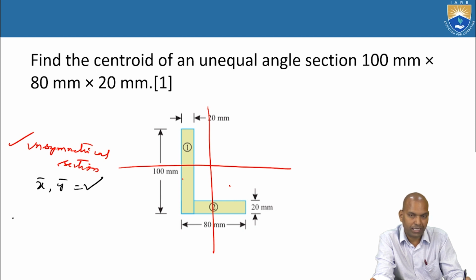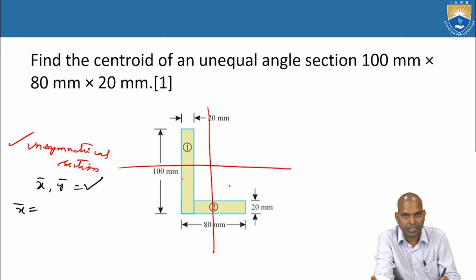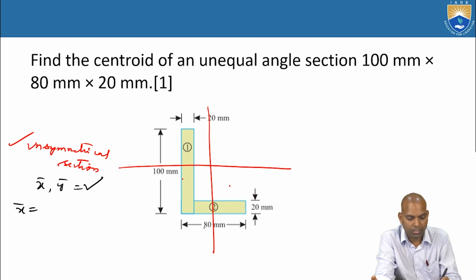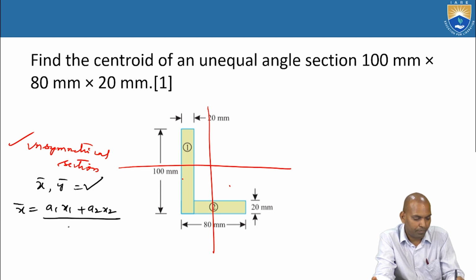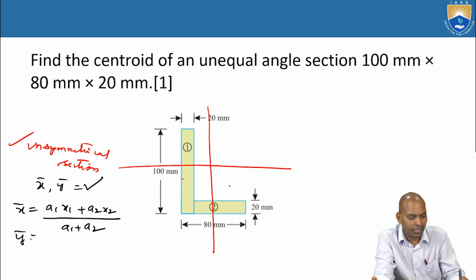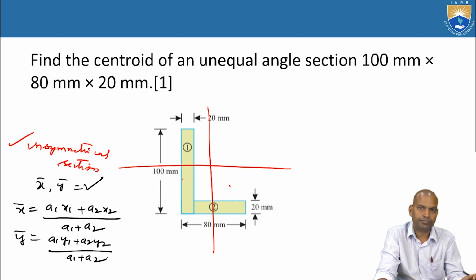Suppose there are two rectangular sections, as in the L section. Then bar X equals A1 X1 plus A2 X2 by A1 plus A2. And bar Y equals A1 Y1 plus A2 Y2 by A1 plus A2.